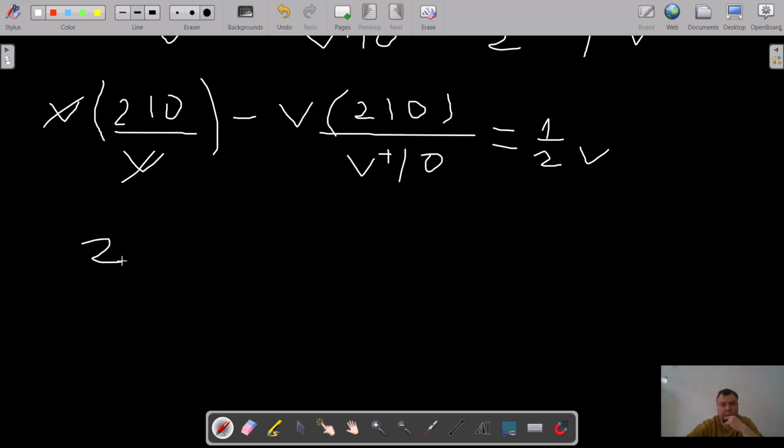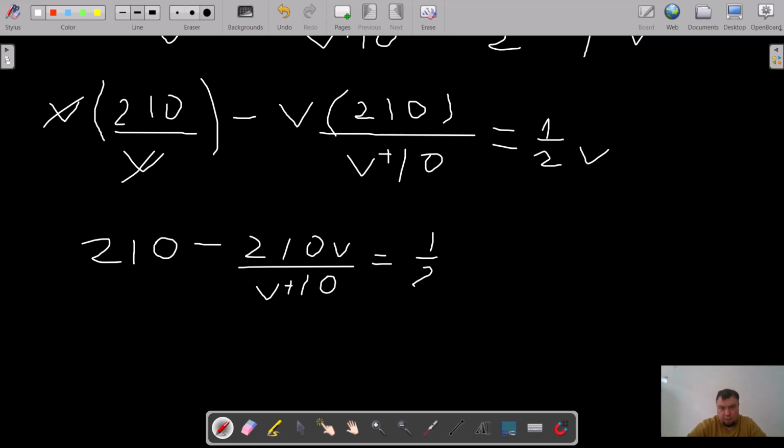You will have 210 minus 210v over v plus 10 equals a half v. Now to continue, we need to eliminate this v plus 10 from the denominator, which makes it difficult for us.